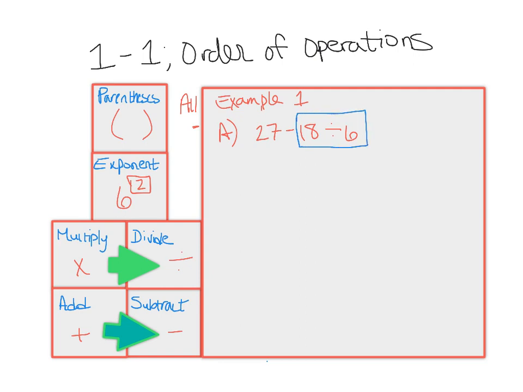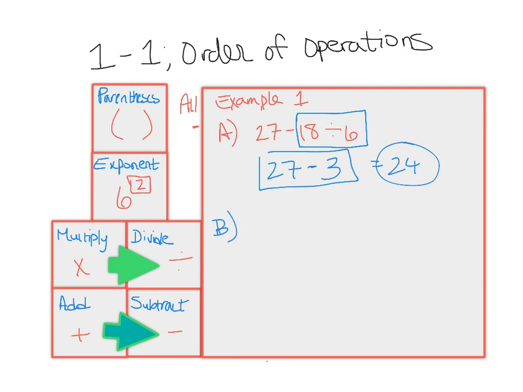So that's going to be my first step. I'm going to bring down the 27. I'm going to bring down my minus sign, and then I'm going to do 18 divided by 6 and get 3. Now all I have to do is 27 minus 3. And when I do that, I get 24. That is my answer.